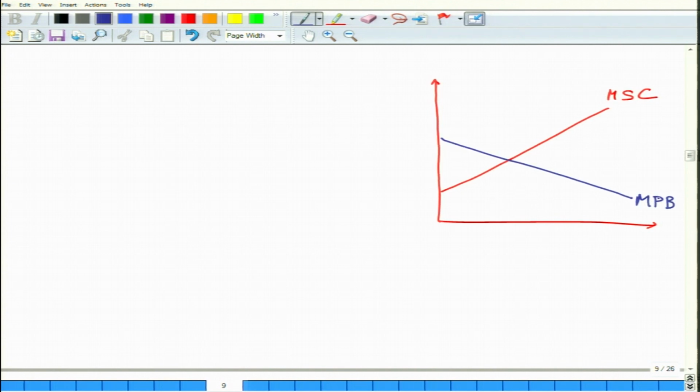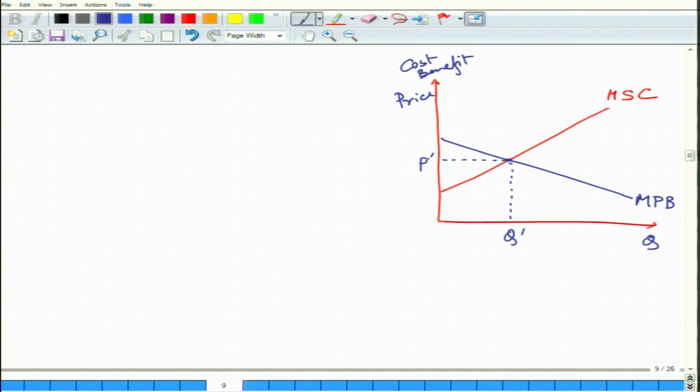You can write MB as well, marginal private benefit, and this is your quantity, this is your cost, benefit, and finally the price. At that point where you were just thinking about your marginal private benefit, it eventually intersects the marginal social cost and finds the equilibrium.